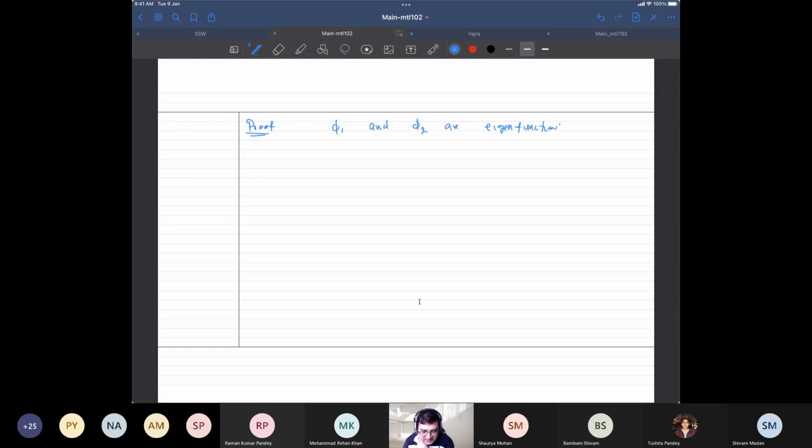That means (p phi1 prime) prime plus lambda 1 q phi1 is equal to 0. Similarly, (p phi2 prime) prime plus lambda 2 q phi2 is equal to 0. I will multiply this with phi2 and this with phi1, and let's see what happens.